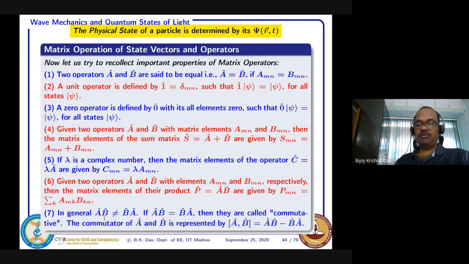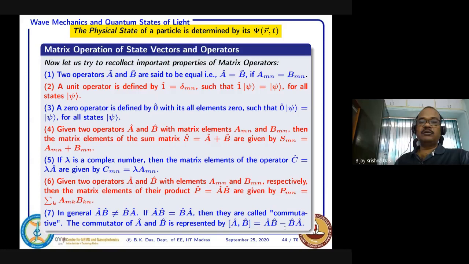That's why their sequence is important. However, mathematically, if you know how they commute, the commutation symbol is AB minus BA, then you can operate in any way and find that thing.